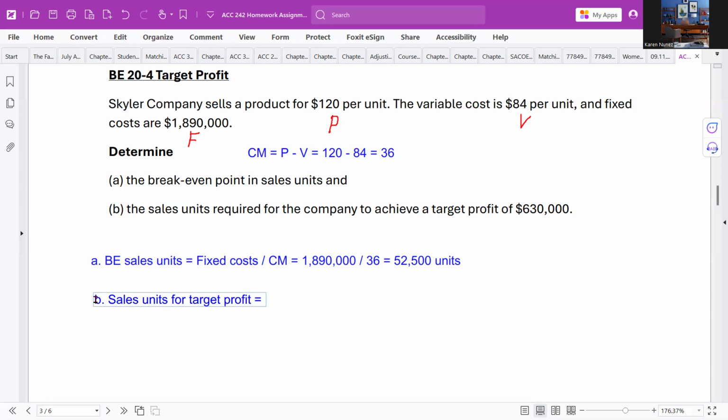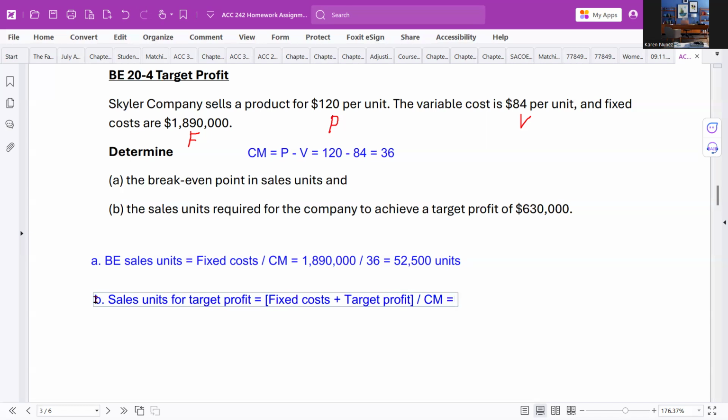Now we need to be able to cover both the fixed costs plus the target profit. So the numerator goes from just fixed costs, which is what we had in A, to fixed costs plus the target profit, and we want to divide by that unit contribution margin.